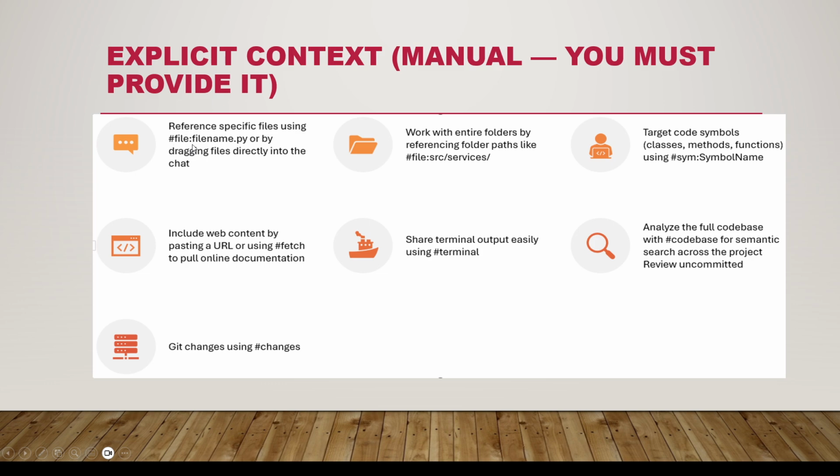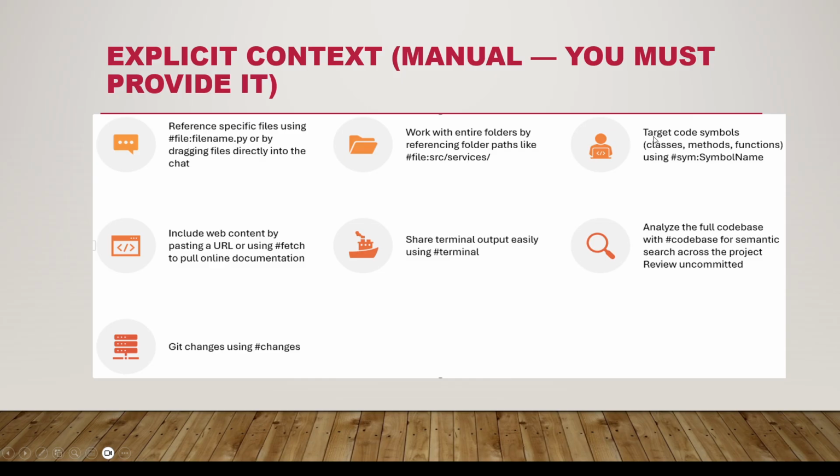Hash file will prompt you to give a file name, and using this you can give this file as a context to Copilot. In case you are working with entire folders, you can also give the file prompt the folder.